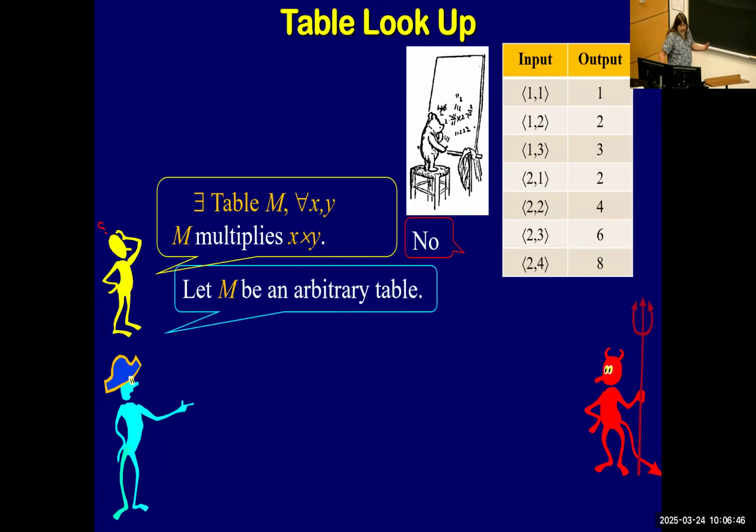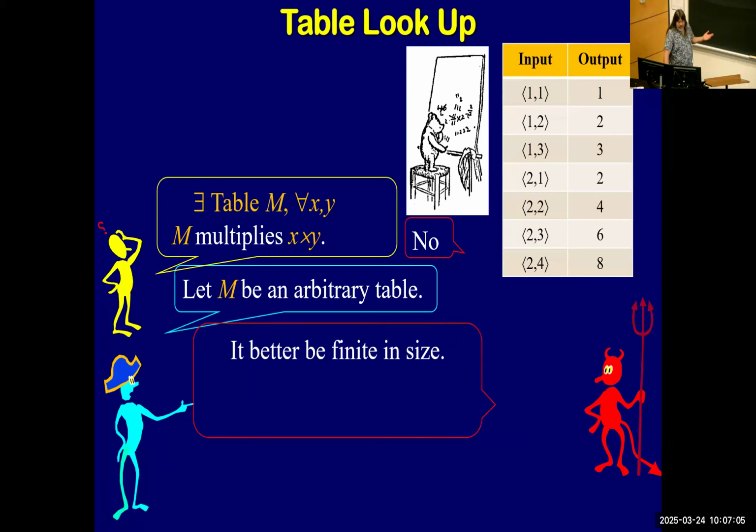And how do we prove it's not true? We kind of play the reverse game. They're playing the game here, but the prover is going to lose. He says, oh yeah, there exists a table, so I give you an arbitrary table. And the adversary says, your table had better be finite.